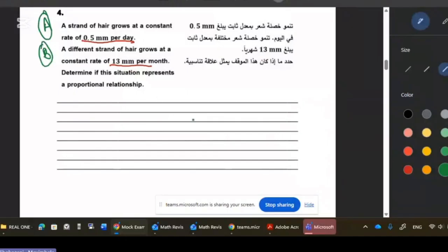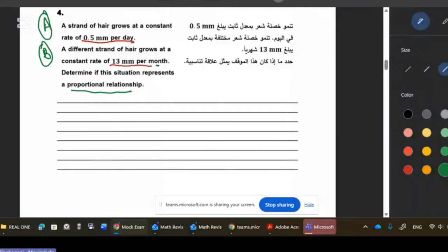All right. Now, dealing with the A part, I see here between the A part and the B part, here it says per month, and here it says per day. Aha. So now to try to compare these quantities, it might be a problem. And because they want us to know if this is proportional or not proportional. So in that case, let's make everything to be exactly the same.